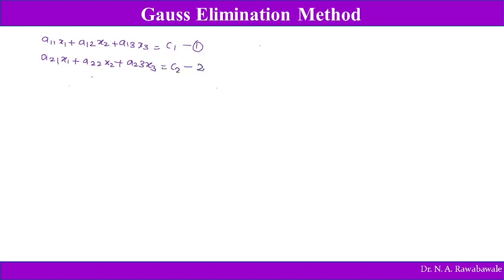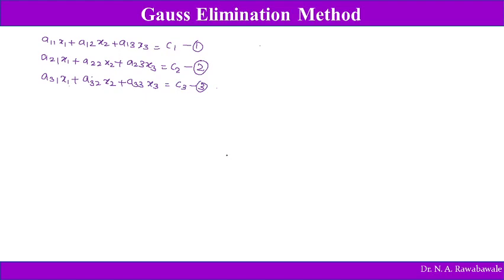So this is equation number 2. Then a31 x1 plus a32 x2 plus a33 x3 is the third equation. These are the three algebraic equations.